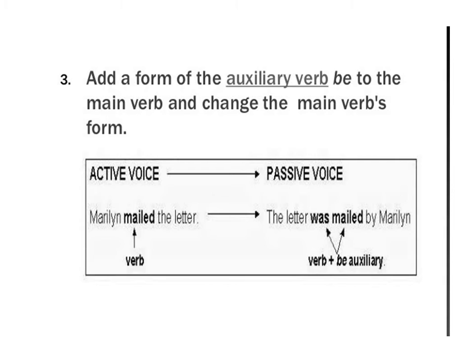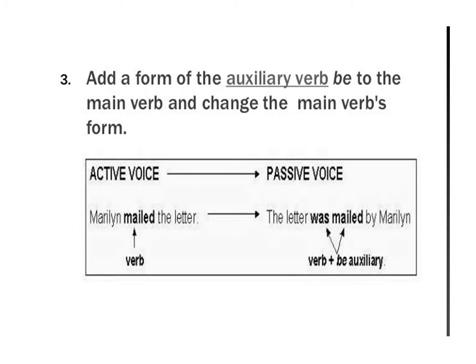So there are three steps we generally follow in the transformation from active to passive. First, we change the slots of the direct object and the subject, then we add the preposition by with the subject, and then we add an auxiliary with the main verb, keeping in mind what the tense of the main verb is.